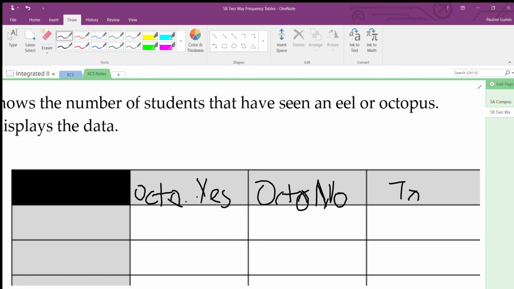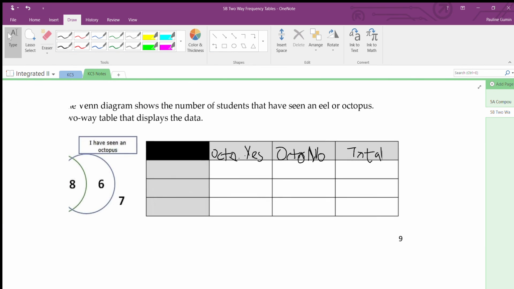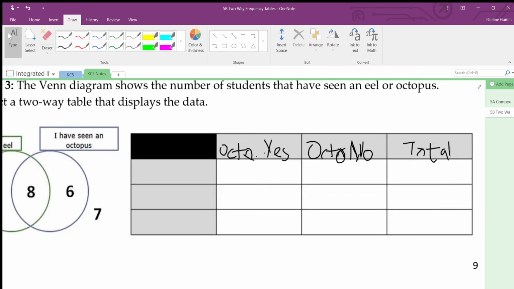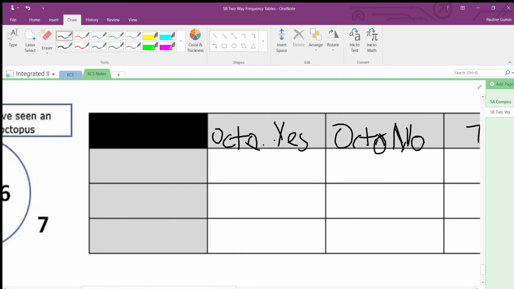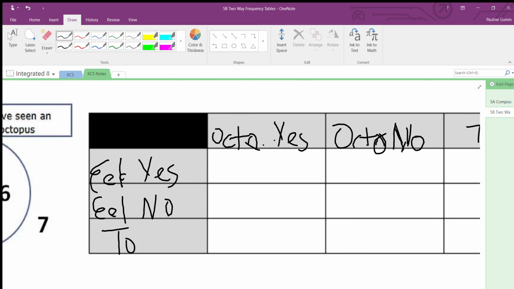And this is total. Then I'm going to take the left-hand side of my Venn diagram and put it in the vertical. So we have eel, yes, eel, no, and total.